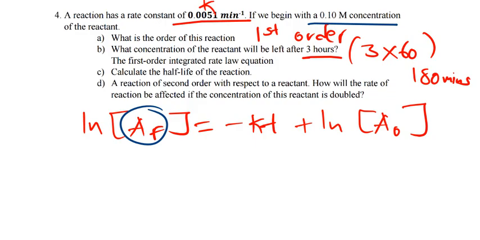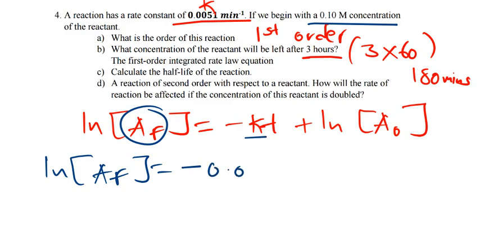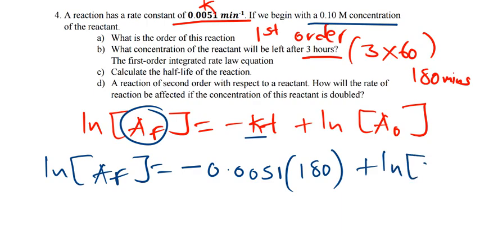Okay, so the natural log of our final concentration equals negative our K, which is 0.0051, times our time, 180 minutes. The minutes negative one is as good as over a minute, and then 180 minutes will just cancel out at the end of the day. Plus the natural log of the initial concentration, which is 0.10.